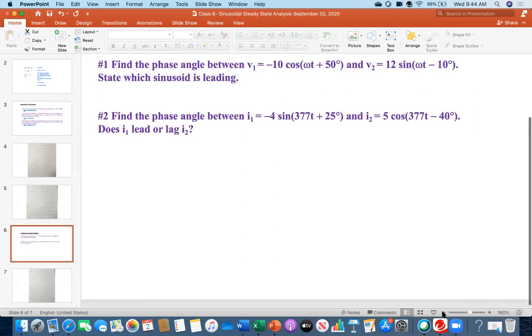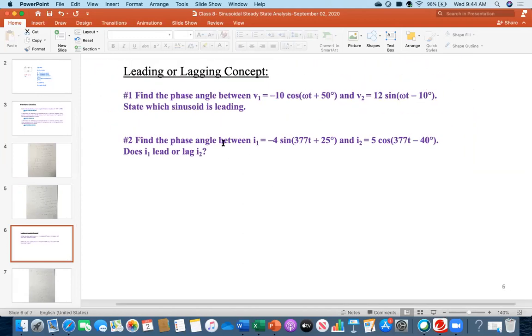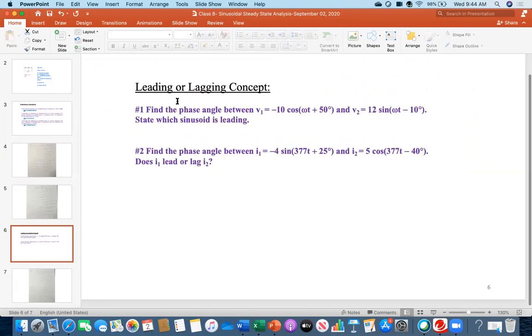What is the topic? Everybody see the topic: leading or lagging concept. Once it is an AC quantity, AC voltage or AC current, the question comes whether the voltage or current signal is leading or lagging each other.